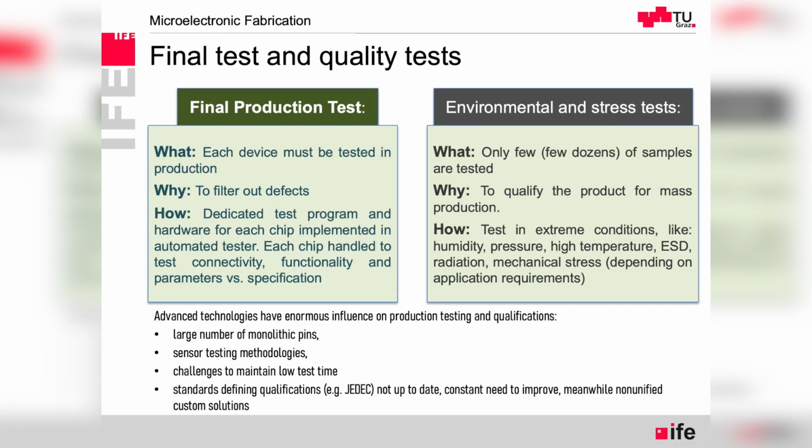And once the chips are packaged, they have gone through burn-in. Then for the production, as you can guess from the wording, there is the final production test. That is the final step. Each device must be tested in production. And similarly to how it was tested with needles on the wafer level, now it's tested in the package. So we filter out the defects that happened after burn-in. For each chip, there is a dedicated test program which tests the functions that the chip is supposed to deliver.